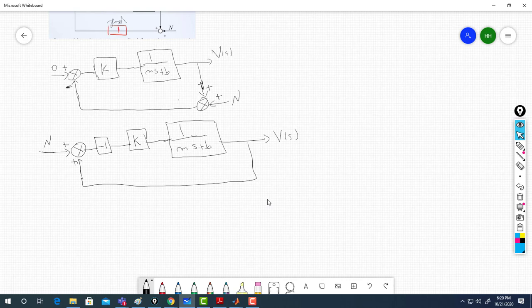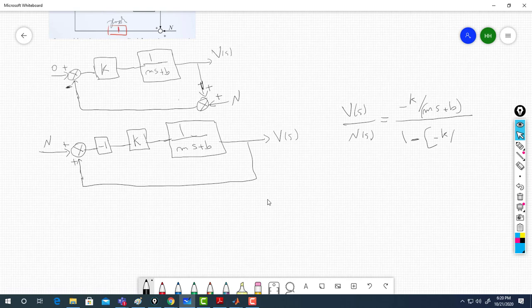And for this one I can tell you directly that v of s over n of s is equal to the forward, minus k over ms plus b, over 1 minus the loop. What do you have in the loop?